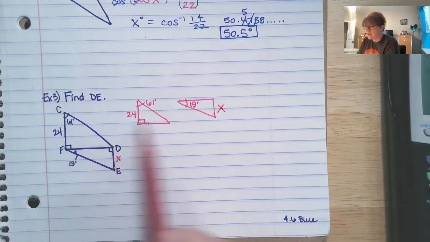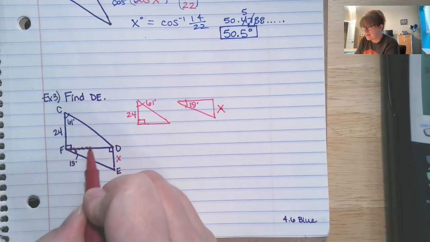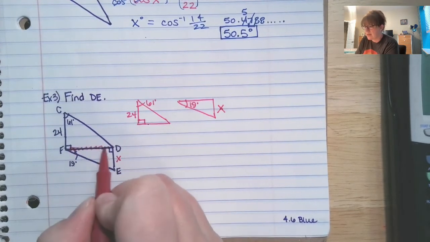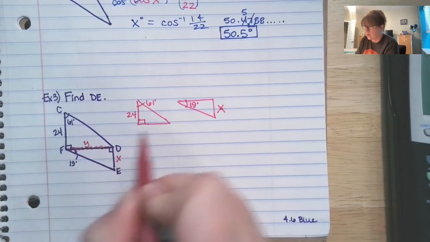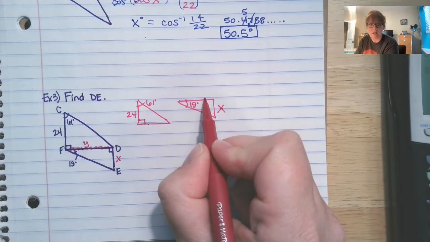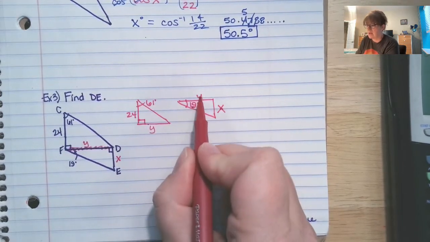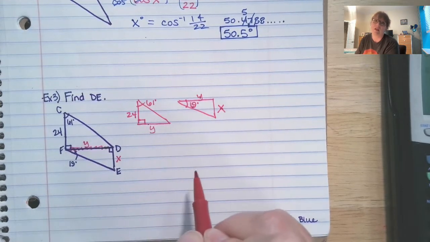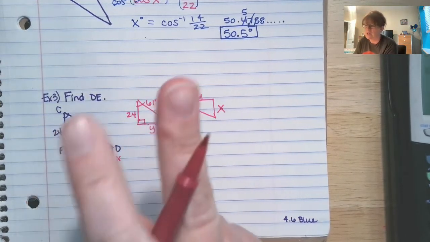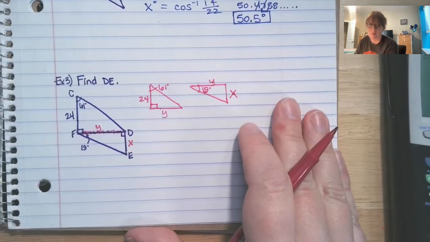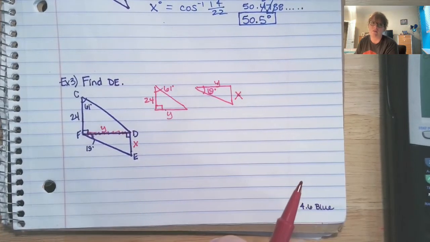The side that the triangles share is this one. So if we find this side length, we're going to be able to find another side length for the other triangle too, which means we would have an angle and a known side, so then we could find the unknown x. We need to know two things at minimum per triangle in order to solve these.